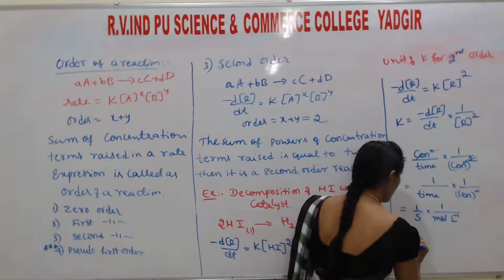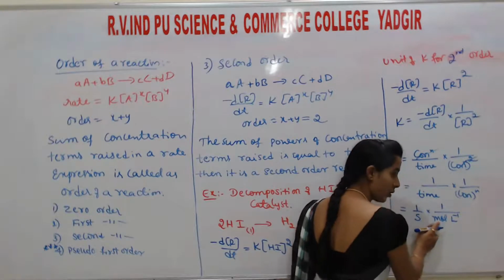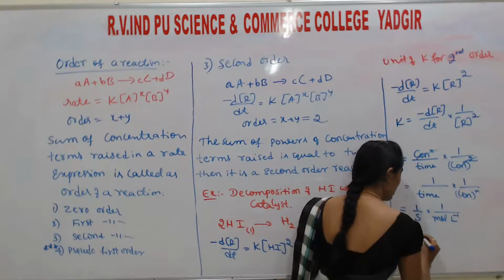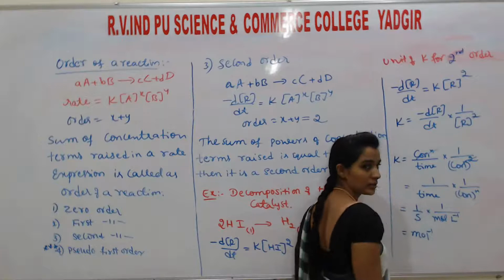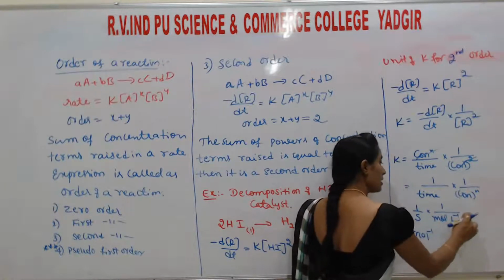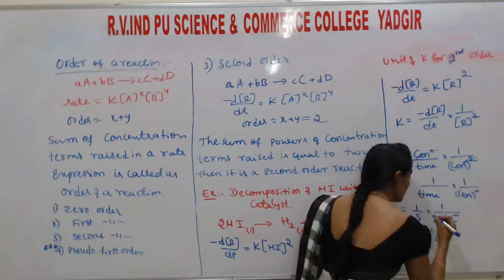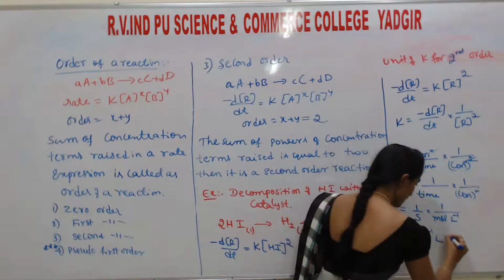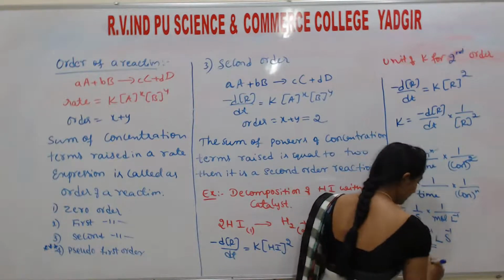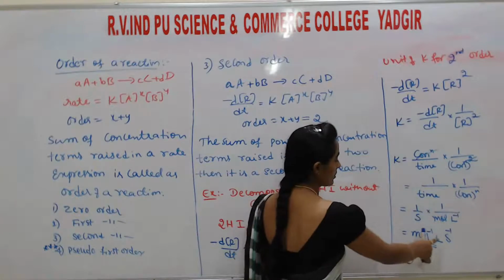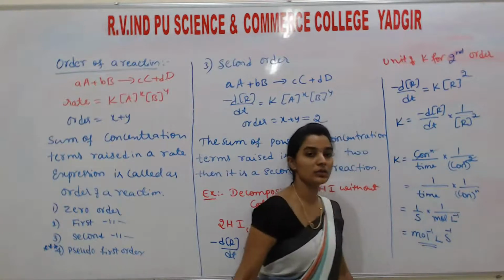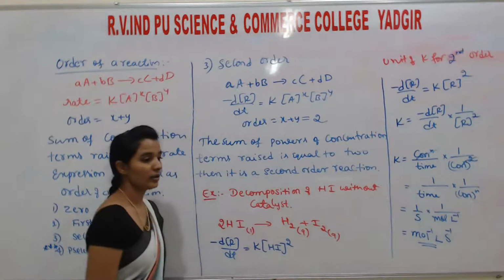Understand? So here mole is in the denominator; if we move it to the numerator, that is mole inverse. Liter inverse is there; if we move it to the numerator, that is liter. Second is there, that will become second inverse. Understand? Mole inverse, liter, second inverse is the unit of a second order reaction.